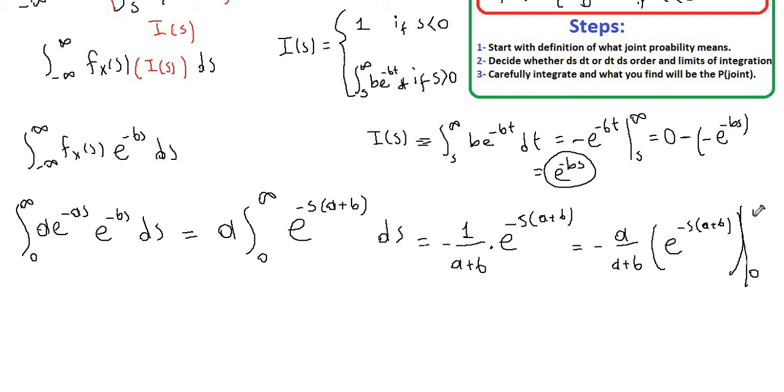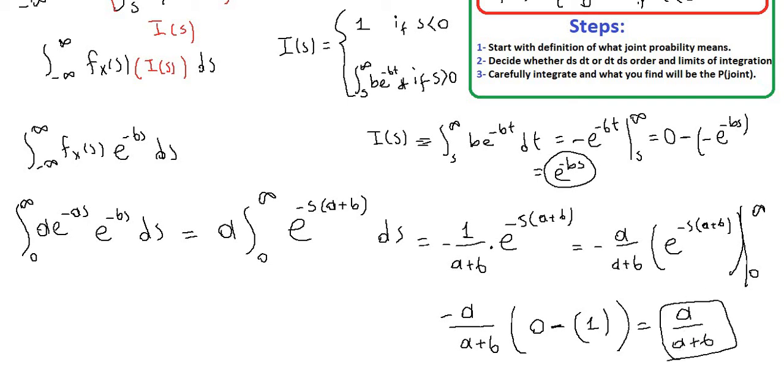0 to infinity. If we plug in upper boundary infinity, it will be e to the negative infinity, which will go to 0, minus the lower boundary. If we plug in 0, it will be e to the 0, which will be 1. And if we distribute this, negative times negative, this fraction times negative 1 will be positive, a over a plus b.